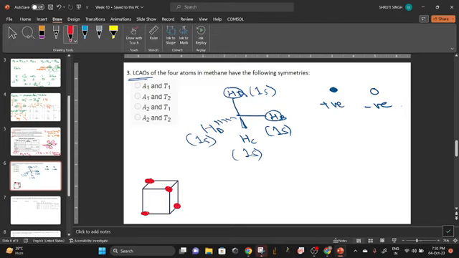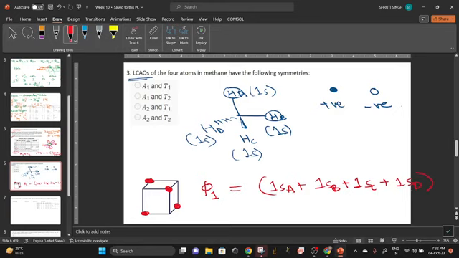This forms a tetrahedral arrangement. I have drawn filled circles, which means positive phase. So psi 1 is 1sA plus 1sB plus 1sC plus 1sD, all in positive phase.